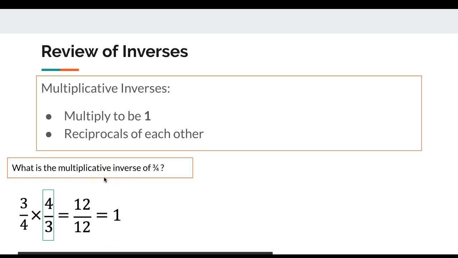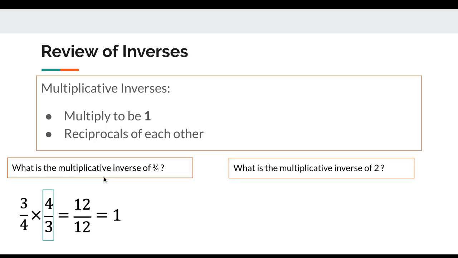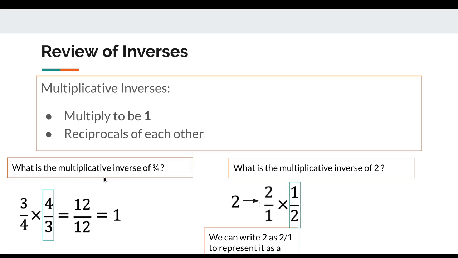Take some time, jot this down, process what I just said because that's going to be vital as we proceed. What is the multiplicative inverse of 2? Remember, 2 can be expressed as the fraction 2 over 1. Therefore, whenever we need to cancel out the whole number 2, we cancel it out by multiplying by 1/2.